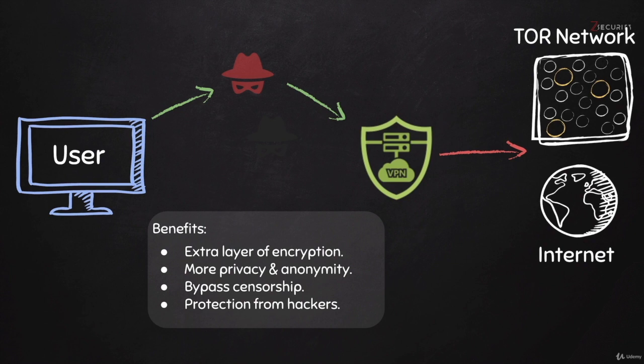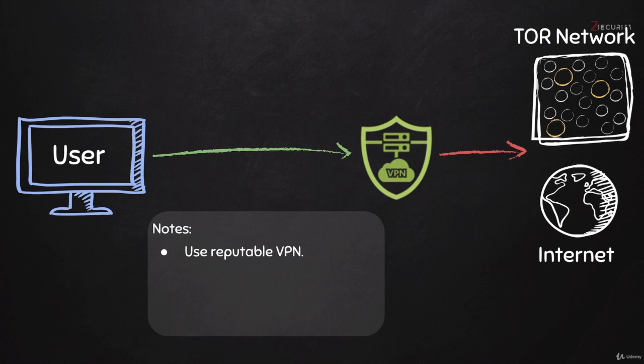With that being said, there are a number of things that you need to keep in mind when using a VPN. First of all, we are introducing a man in the middle in here. So if we go back to the previous diagram, you can see that our connection was going directly to the internet. But when we're using a VPN, we're literally adding an extra node to our connection.